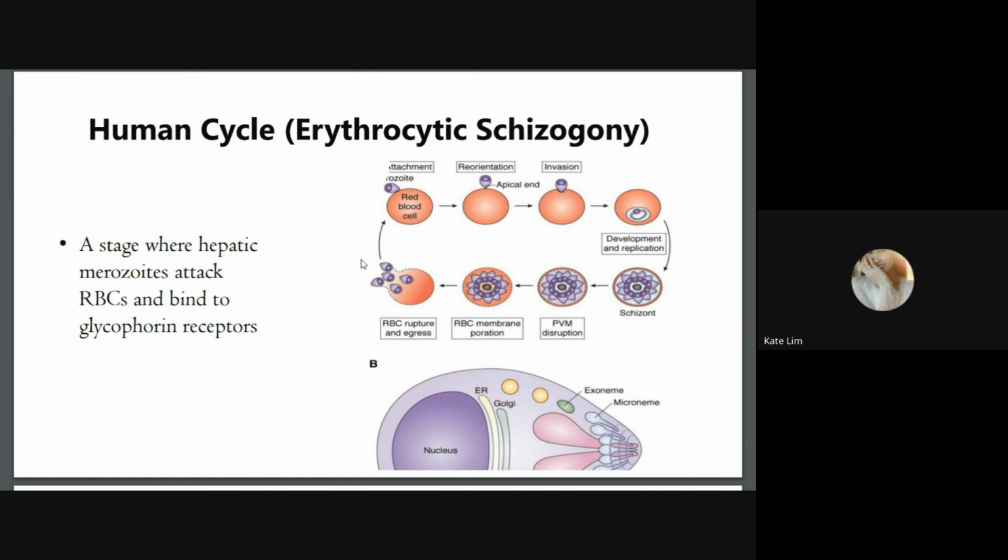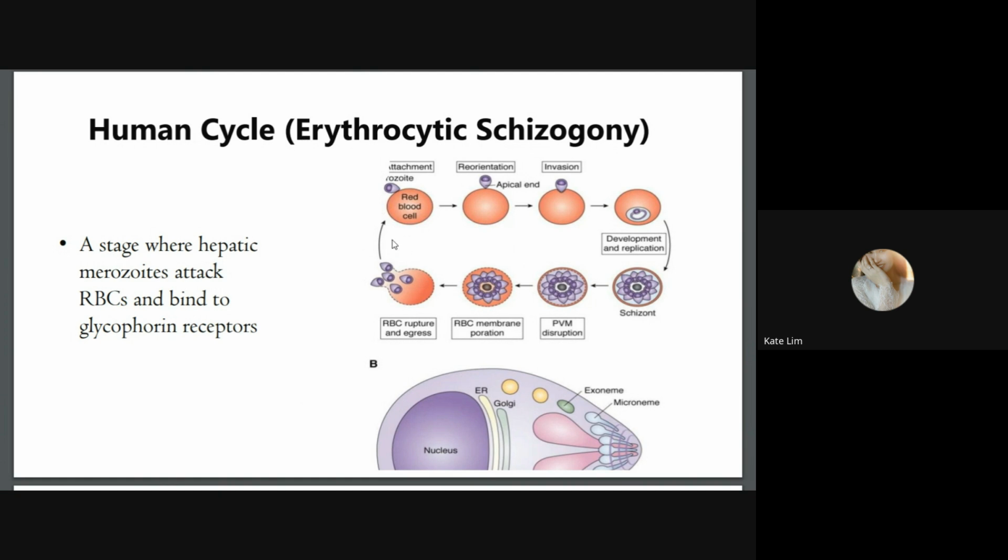The entry of the merozoite into the RBC is a very quick process. It takes about 30 seconds. That is why you can't see the merozoites inside the RBC on the PBS. So it takes about 30 seconds for the merozoites to enter the RBC, and it binds to the glycophorin receptors.